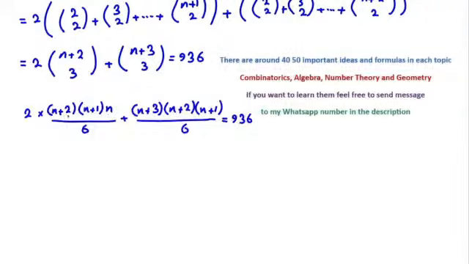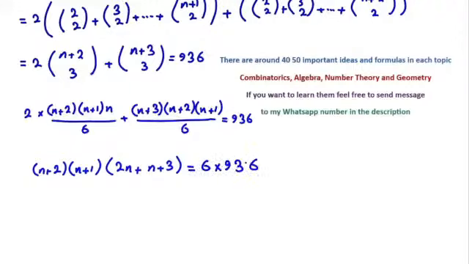Okay, now we can factor out n plus 2 times n plus 1, and we can multiply both sides by 6. So it will be n plus 2 times n plus 1 times 2n, if you factor that, plus n plus 3 equals 6 times 936.